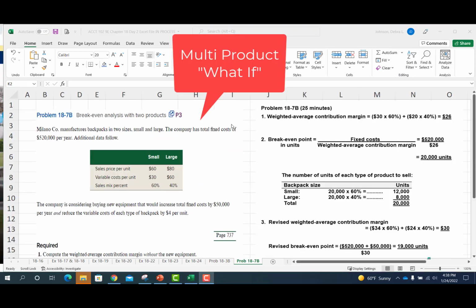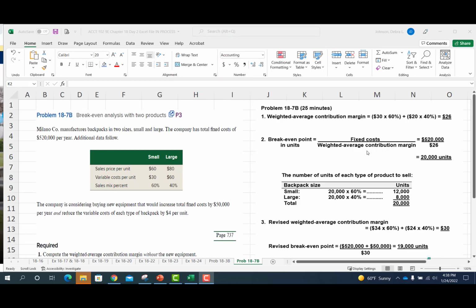Here are the answers only on this last break-even analysis with multi-products, or more than one product. Break-even point was the first thing they asked you to compute. Based on that weighted average contribution margin of $26, the break-even point in enterprise units was 20,000 units. They split that out based on their sales mix, resulting in 12,000 small items and 8,000 large items.